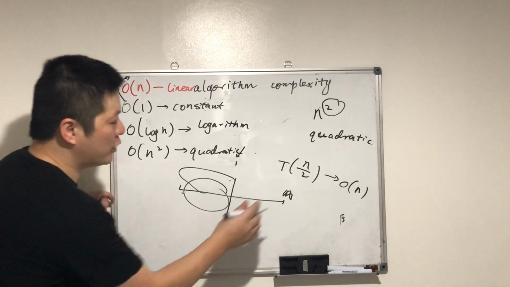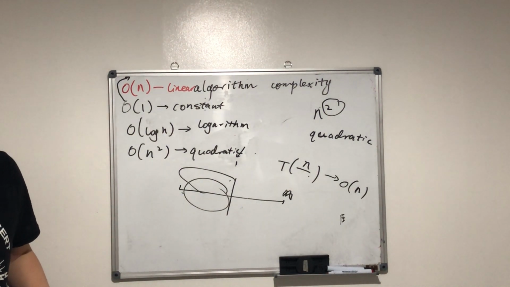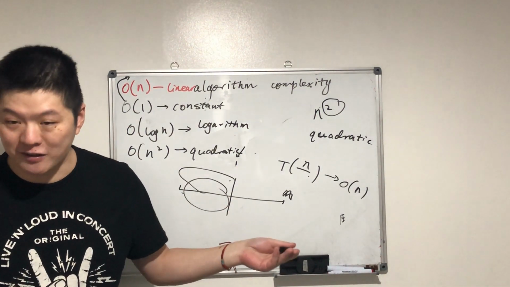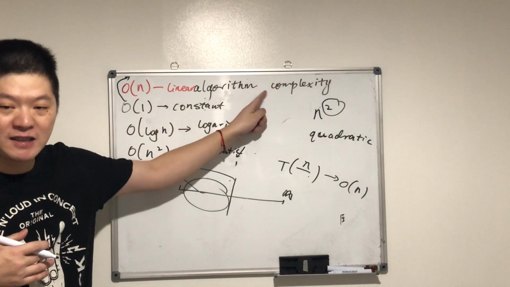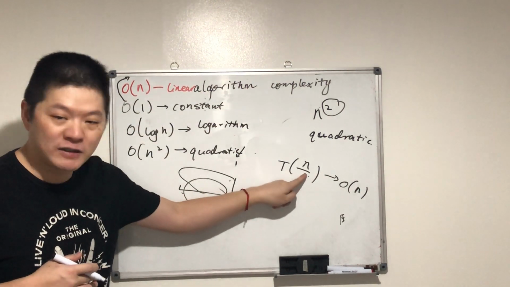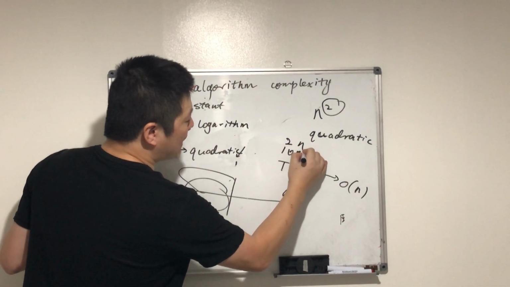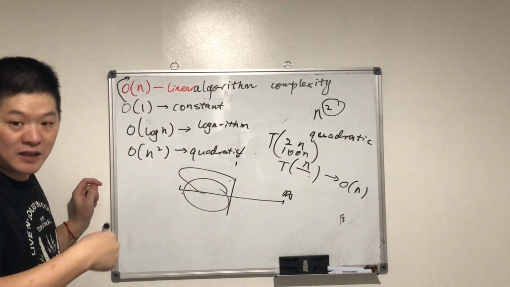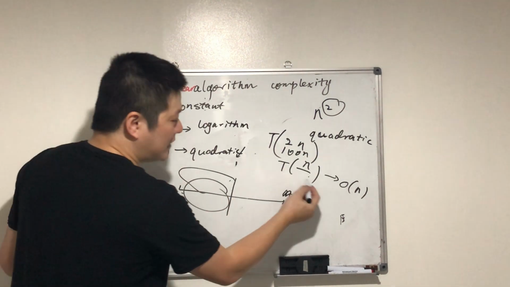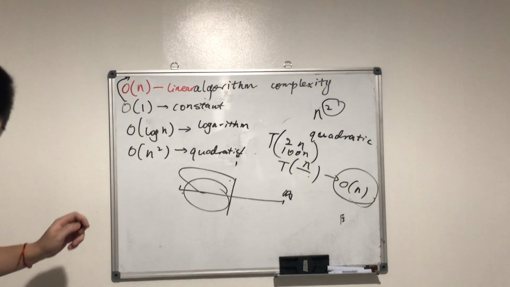Why? Because we drop the constant. For algorithm analysis, even if it's 2 times n or 100 times n, if it needs to go through 100 times this approach, it is still counted as linear.